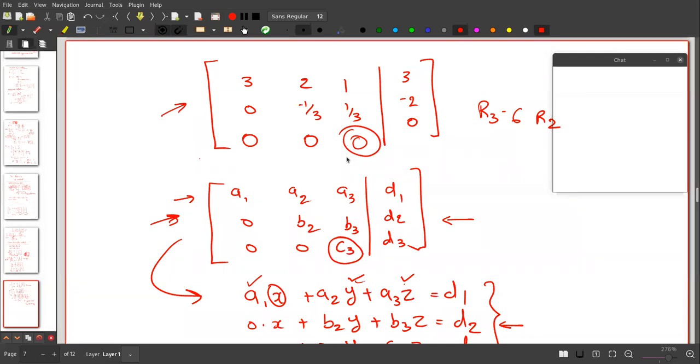So if we can exactly make it in the upper triangular form, okay, is the voice okay now? Let me know. So the problem you see is that we had C3 here, but we have a 0 here.